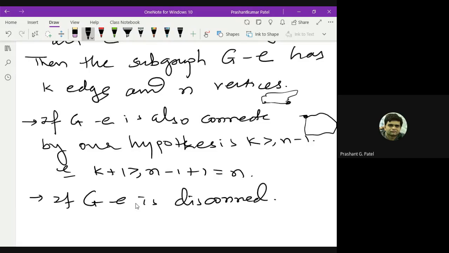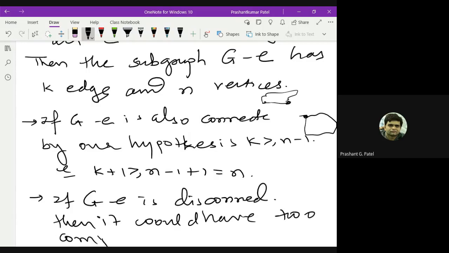In that situation, disconnected, it could have two components, and both these components are connected components.